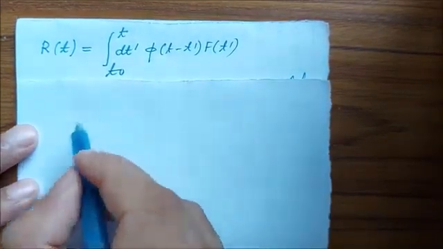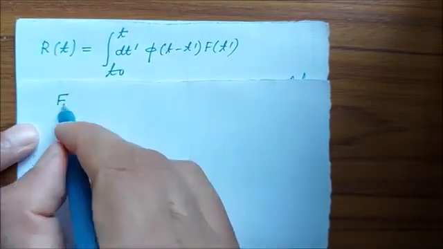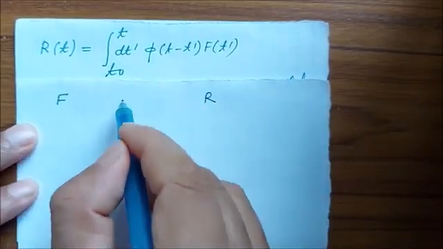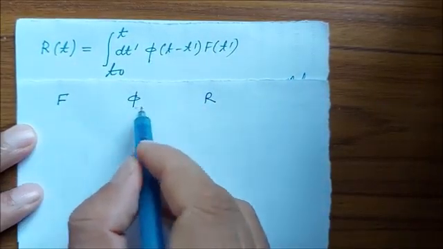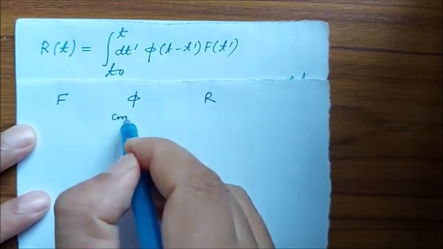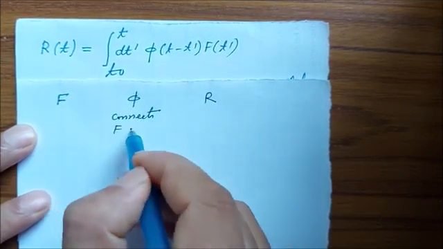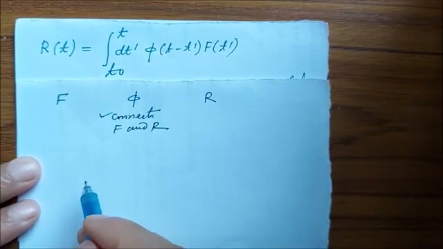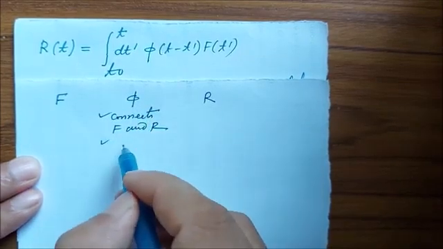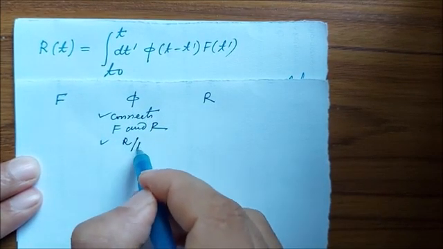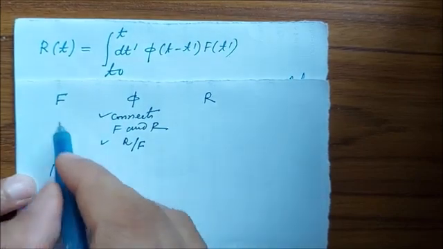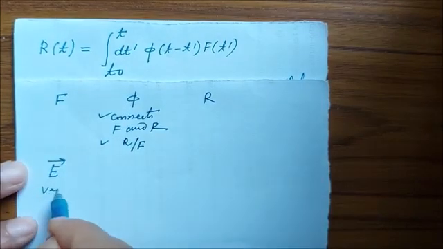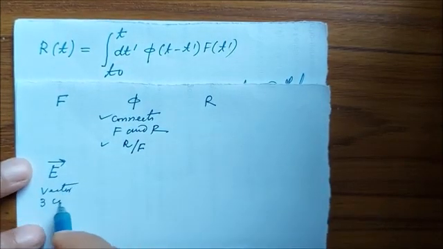Another point that we can note is, let us write F, let us write R, and F and R are connected by phi. Now what will be the nature of phi? So phi connects F and R. That is one point. Phi is response per unit stimuli or per unit force. Now if stimuli is the electric field, which is a vector, then there will be three components.